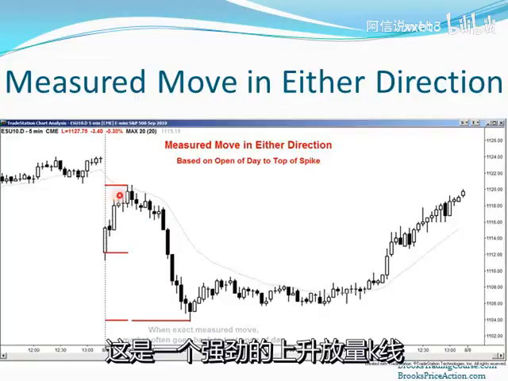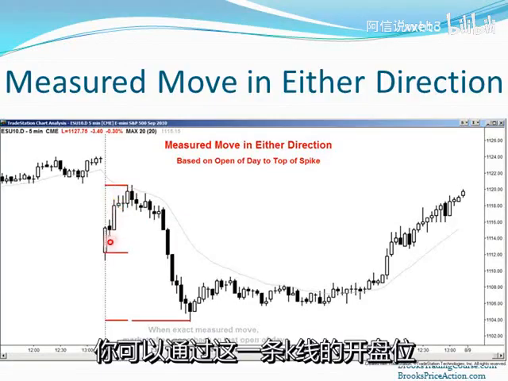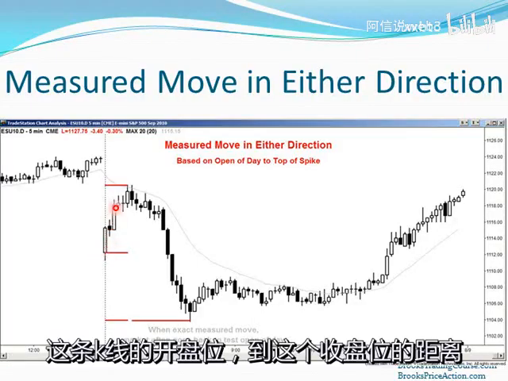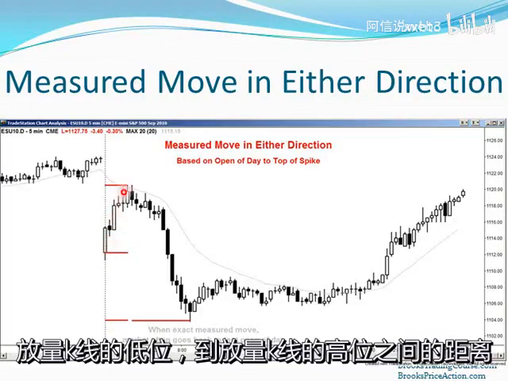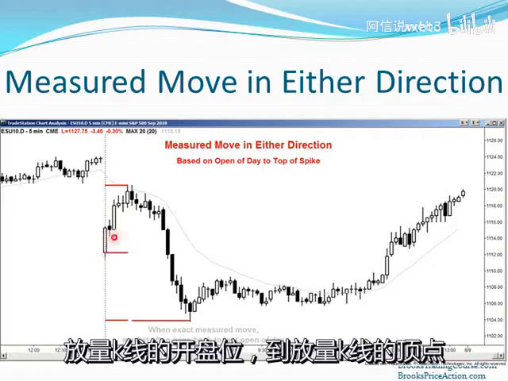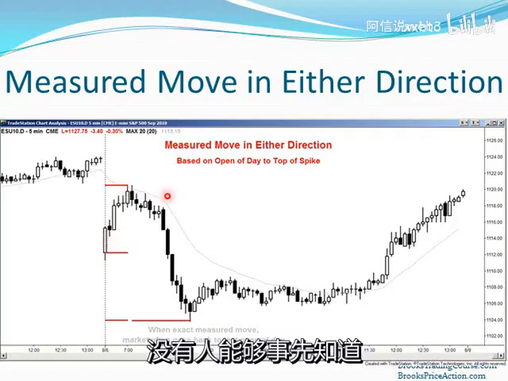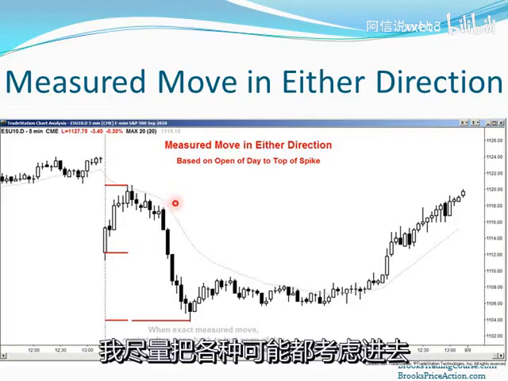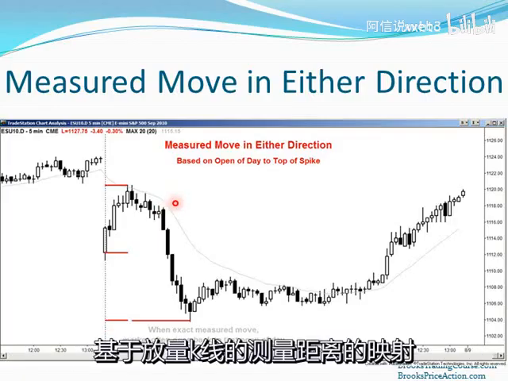Here's a strong bull spike. You can use the open of this bar to the close of this bar, the open of this bar to the close of that bar, the low of the spike to the top of the spike, the open of the spike to the top of the spike. No one knows in advance what traders will use for measured move projections, and I tend to look at all the possibilities.